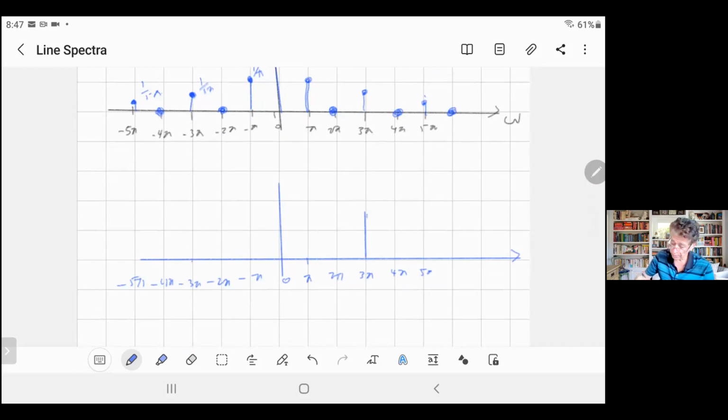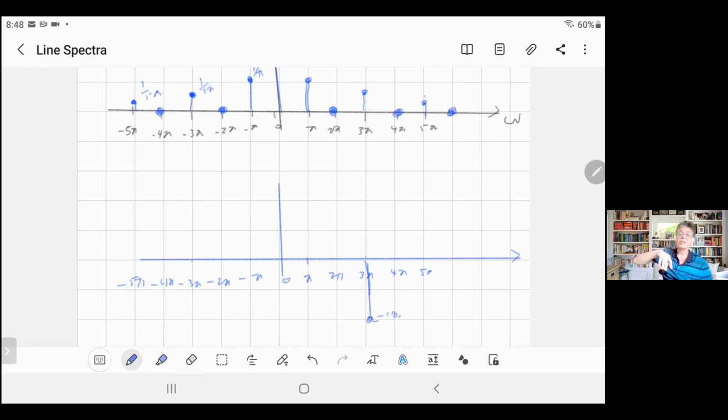Why I'm saying this is because at 180 degrees or minus 180 degrees, it gives you the negative one. So at 3 pi, it's minus 180 degrees.